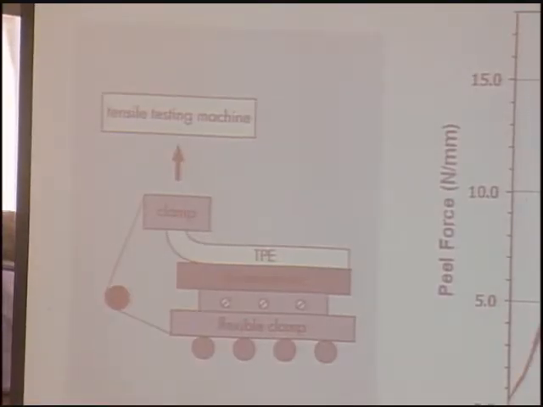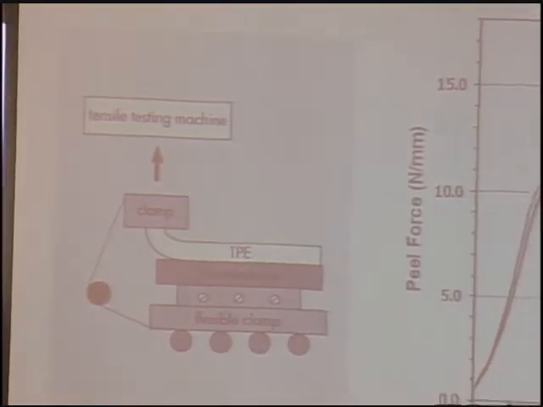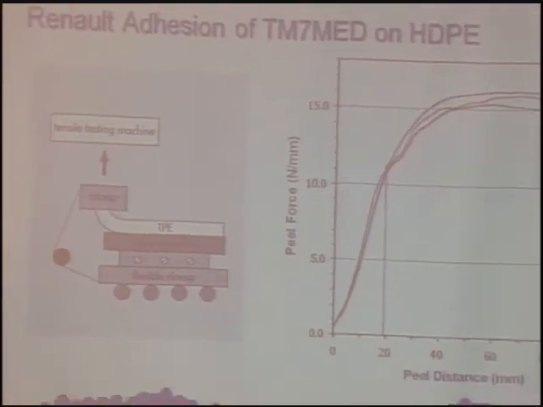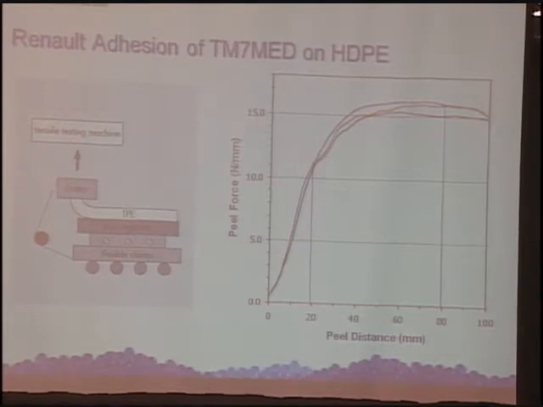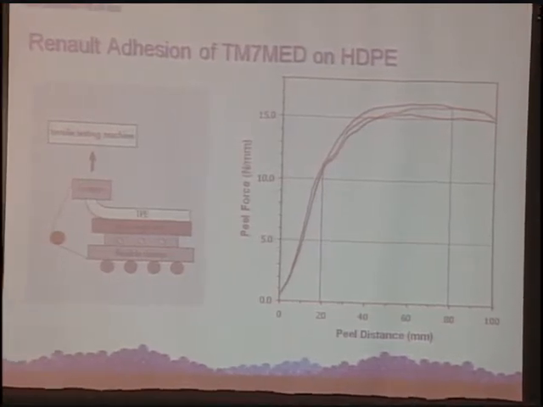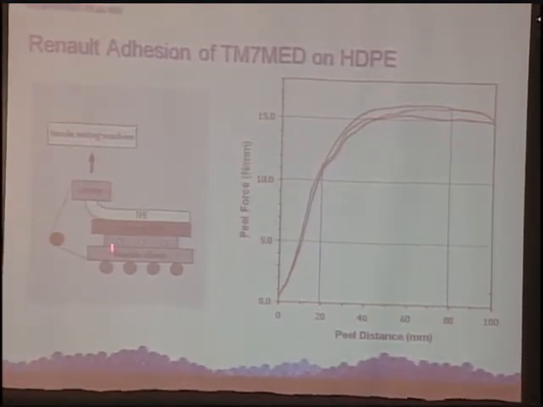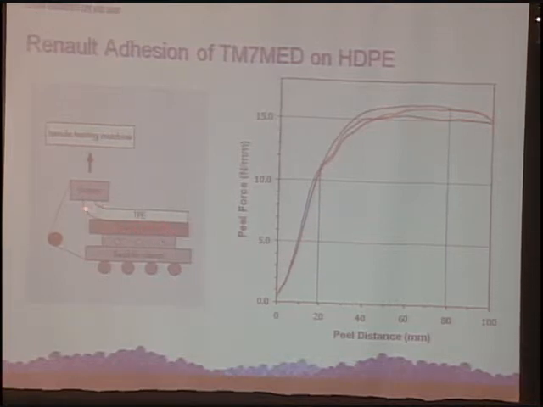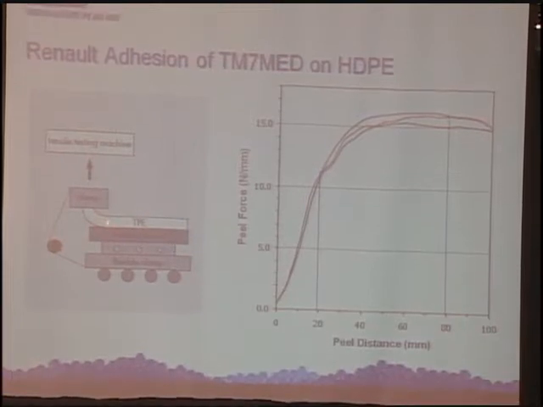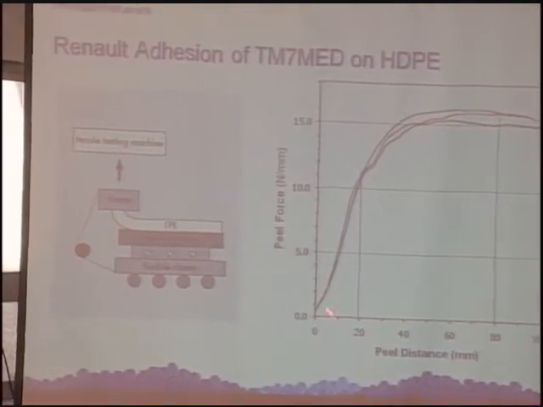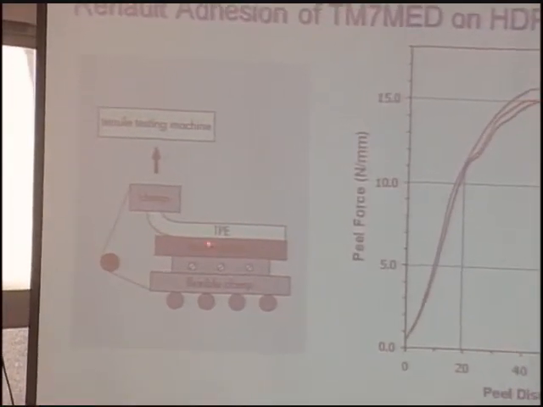Here is the adhesion result on the overmolding grade. In this case, our TPE is overmolded to the high-density polyethylene. What we did was use the conventional Renault test to overmold the TPE onto the high-density PE, and then we pull from this at a 90-degree angle, and we measure the force required to separate the materials.